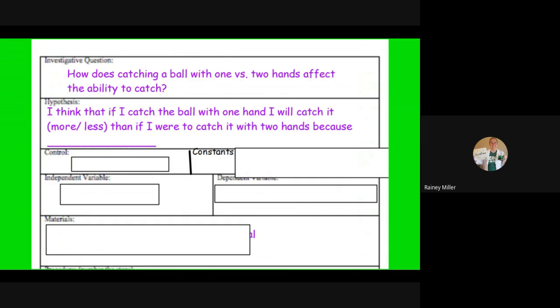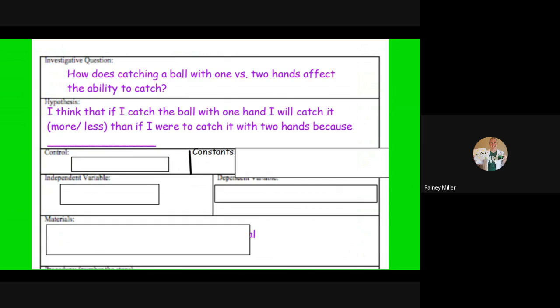So it uses a form that says, I think that blank, and you say what you think will happen if I, and then you say what you're changing, and then you say because, and you have to give a reason why. So why do you think that might be the case?